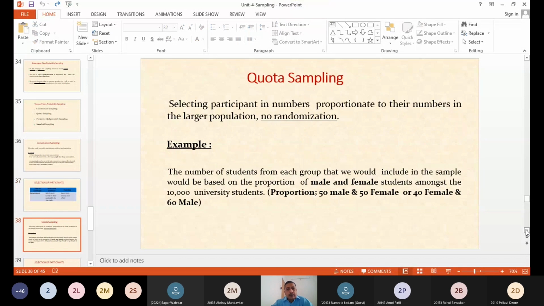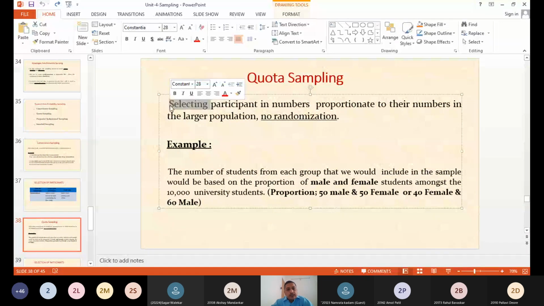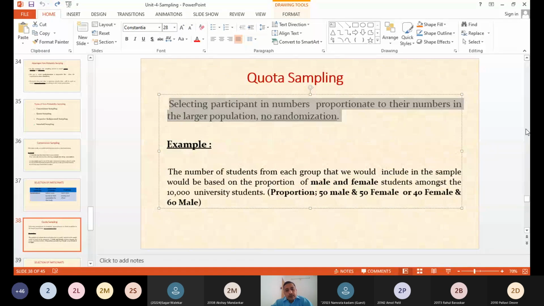The other method in non-probability sampling is quota sampling. In quota sampling, participants are selected in numbers proportionate to their numbers in the larger population. We see the population of different participants based on their different characteristics, what their number is in the total population, and then we select an appropriate proportion of the sample from that population.